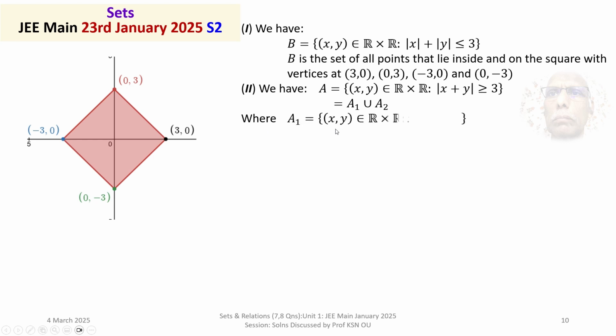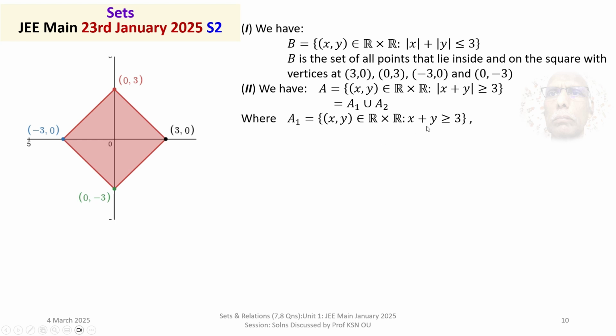Where A1 is the set of all ordered pairs x comma y belonging to R cross R such that x plus y is greater than or equal to 3, where x plus y is positive. So what is this? I will talk about this one.